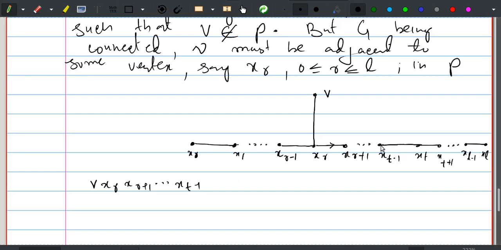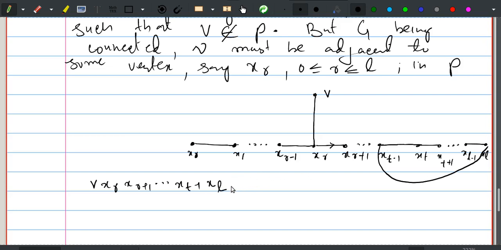Once we reach XT minus 1, and given that XT minus 1 is adjacent to XL, from XT minus 1 we can jump to XL, and from XL we can travel back to XT.